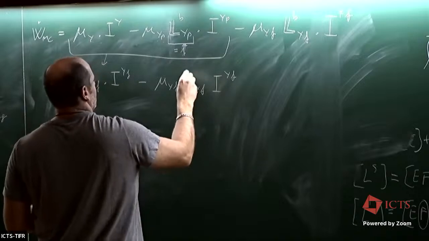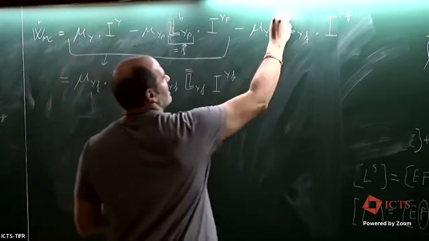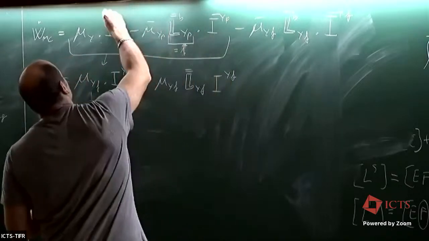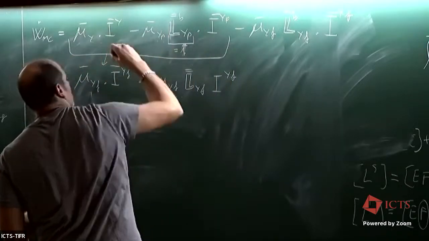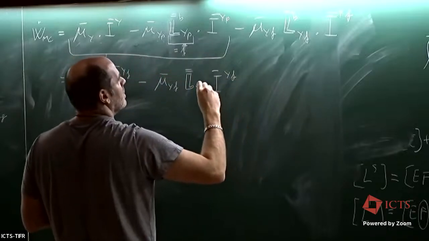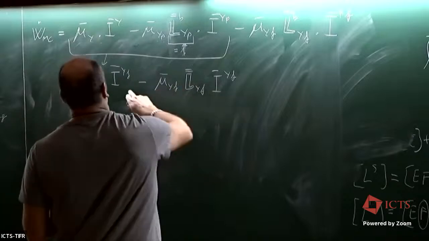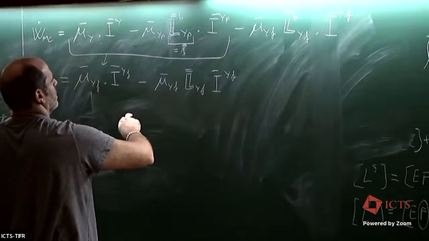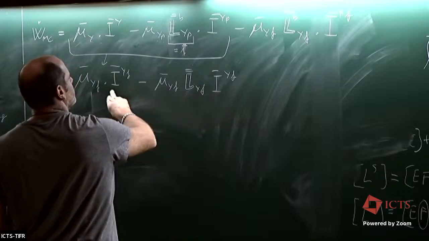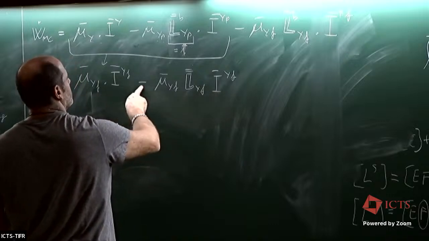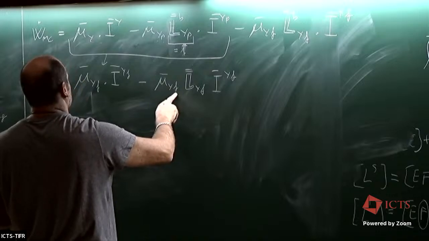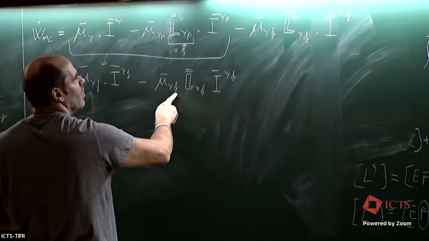And so I can actually factorize this. Why YP now?